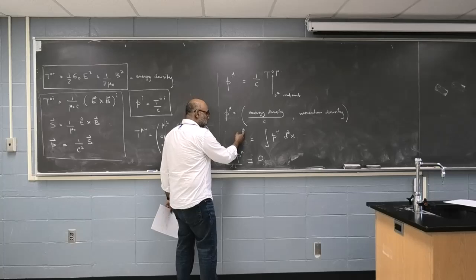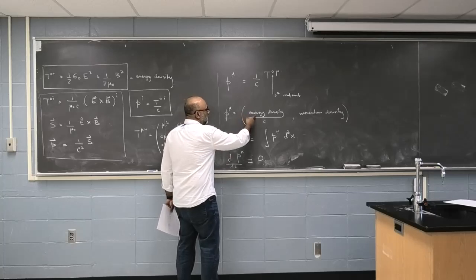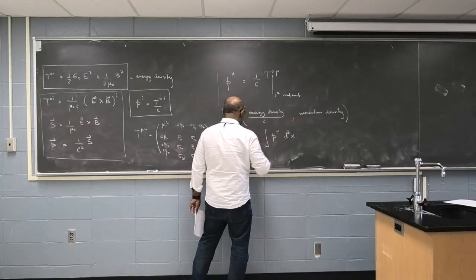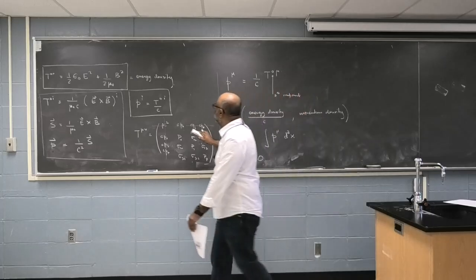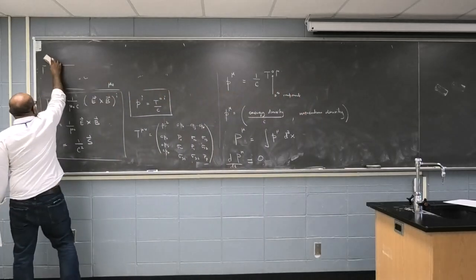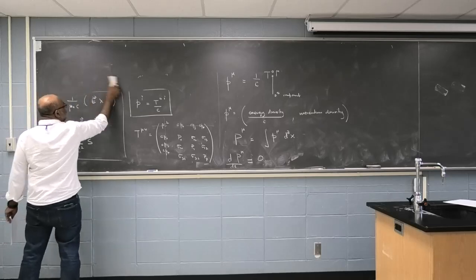Therefore, the 0th component can be total energy divided by c, and the spatial components can be the total momentum. This is not very difficult to follow, but very quickly, here it is.